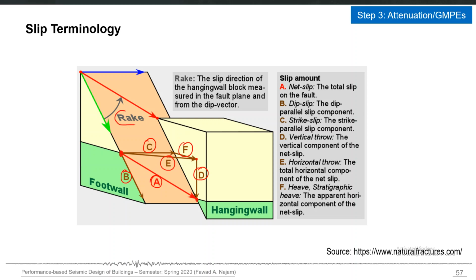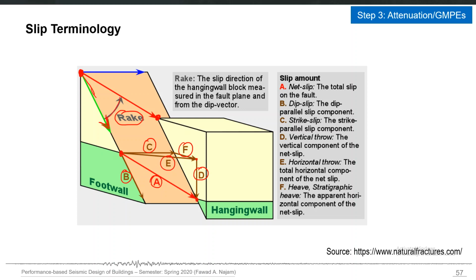So here this one is the rake, and that is the slip direction of the hanging wall block measured in the fault plane and from the dip vector. So if this was your original point for foot wall, and the corresponding point on the hanging wall is this point, and this green arrow is your dip angle, basically the fault plane.